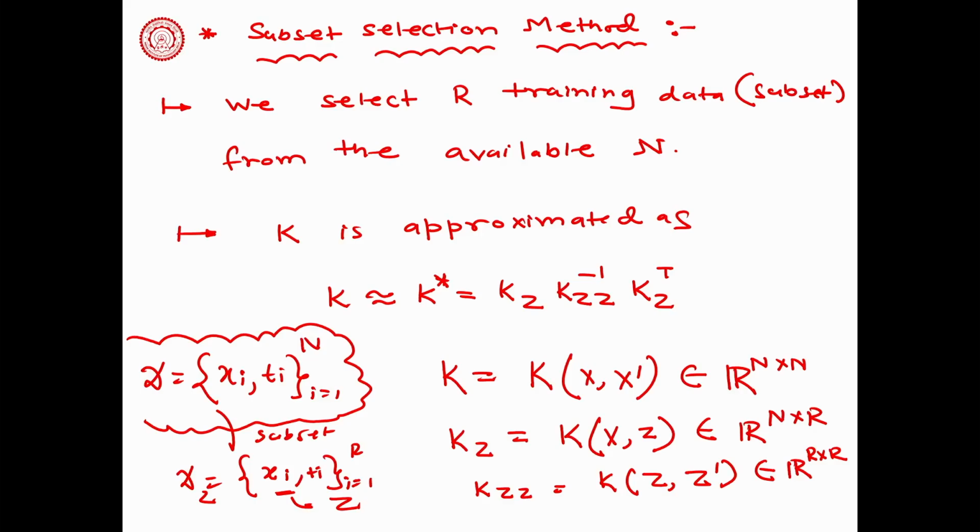So, then why is it necessary that the subset has to be selected from the training data only? Why can't I select some other points where I have some new x? I may not know the t at that point, but I know the x at that point. Is that not possible? Think about it. Suppose let us take 1D. So, this is my x and I have point 1, 2, 3.